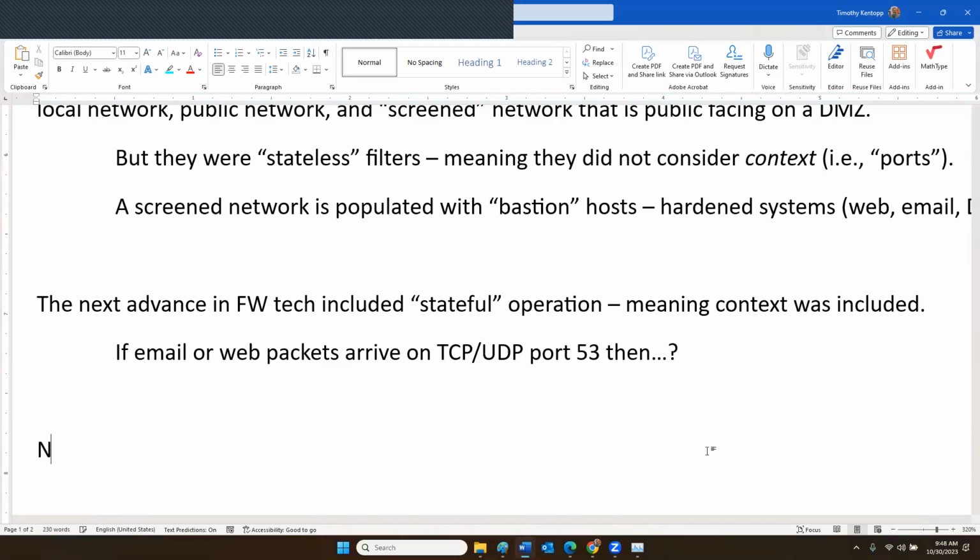Now, next gen firewalls are specific to a given application or integrated solution, right? Well, let's just leave it at application. A spam firewall, right?